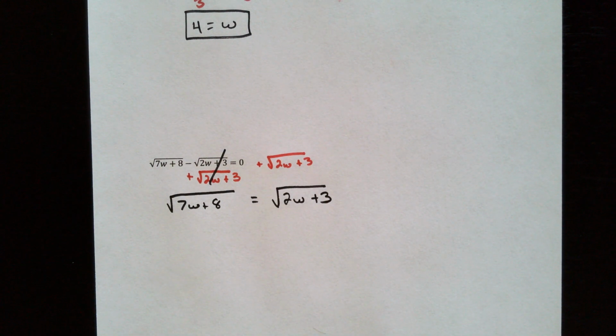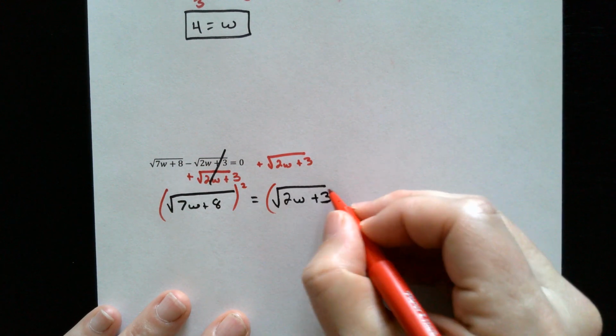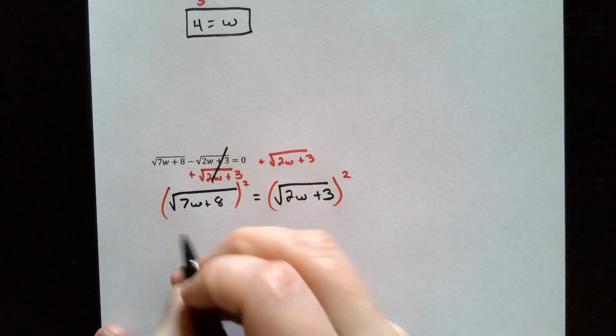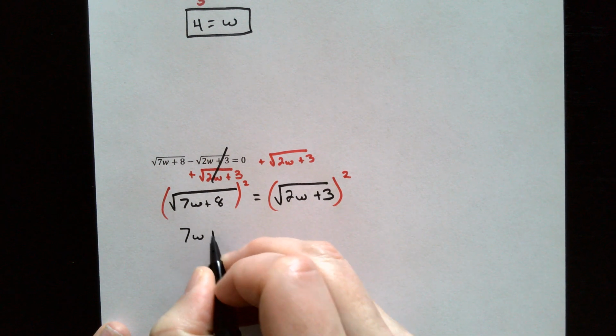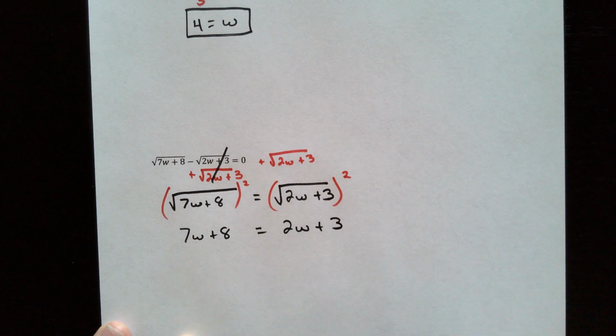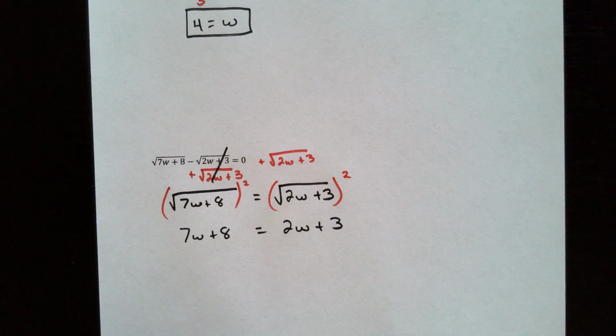Okay, now we have the square root equal to a square root, just like the last problem. So we can square both sides. Okay, and both square roots will disappear. So that will give us 7w plus 8 over here and equals 2w plus 3 on the right. Let's move the w's to the left because I kind of want to keep them positive.